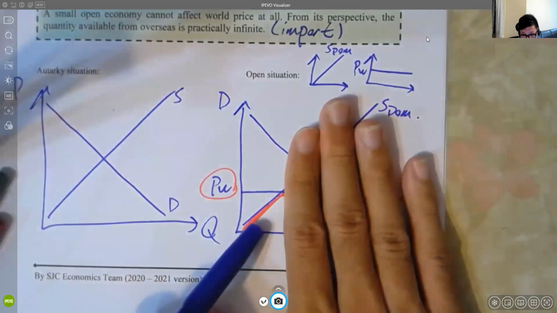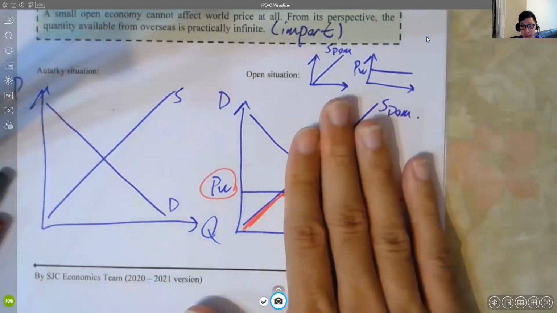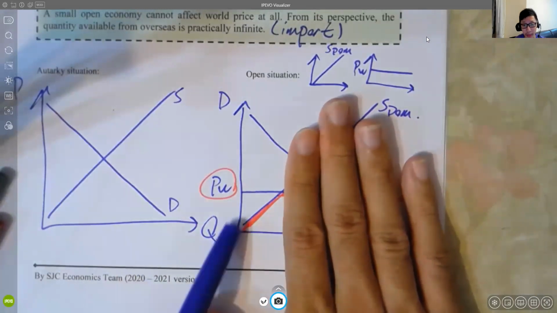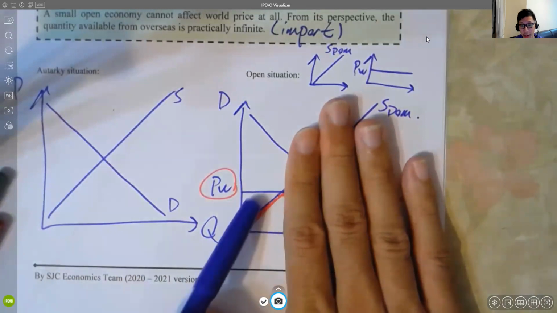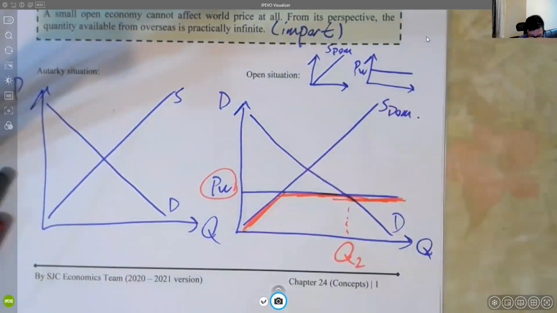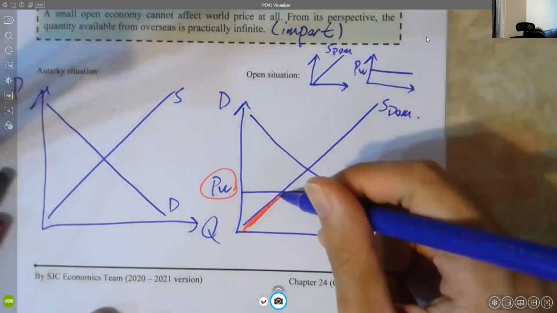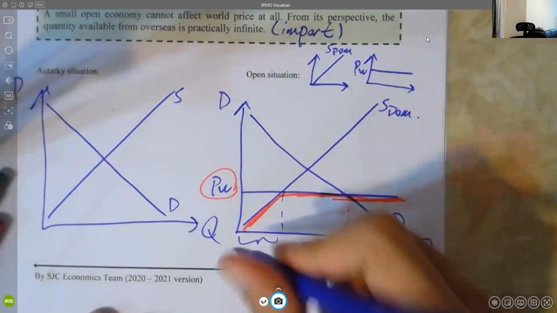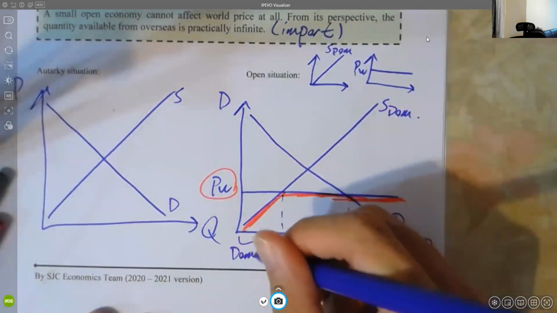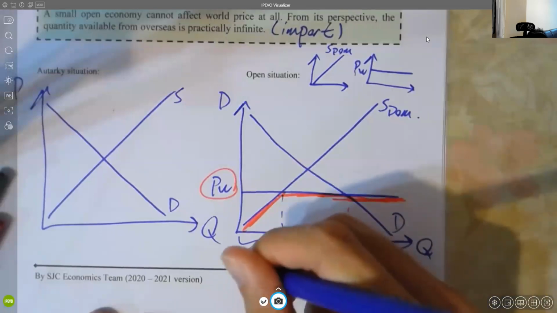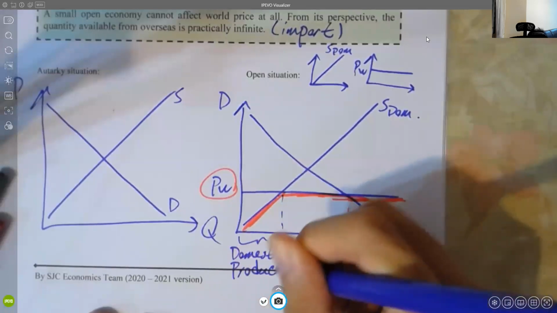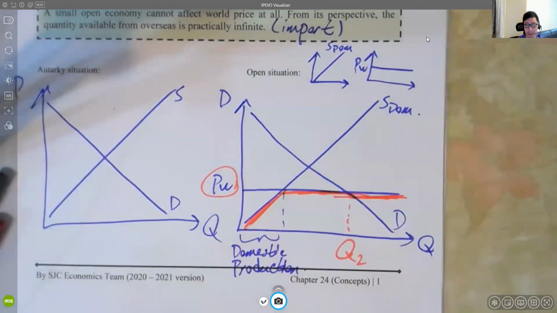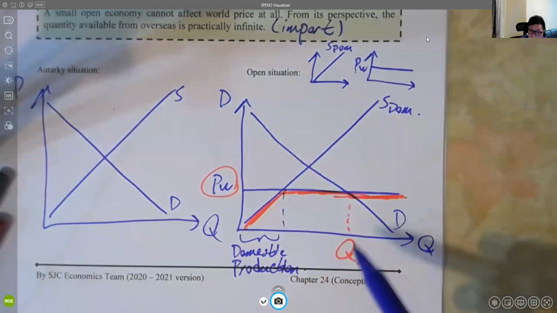You can see that the local supply is cheaper. Therefore, people would buy from the local market. 前面會喺度買啦. This part is our domestic production. 本地係生產咁多啫.